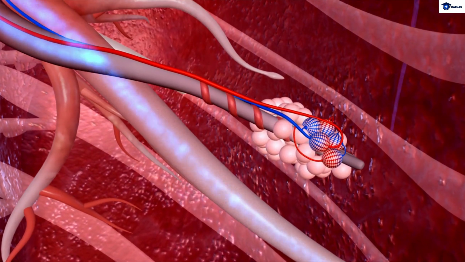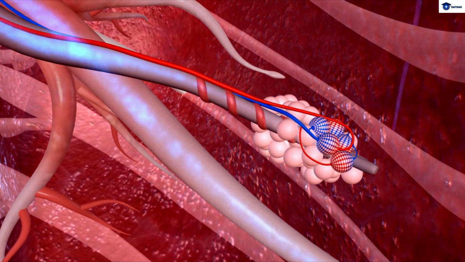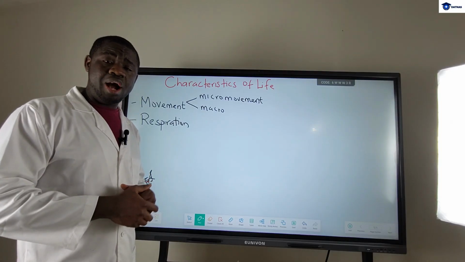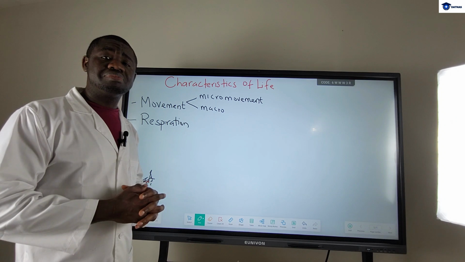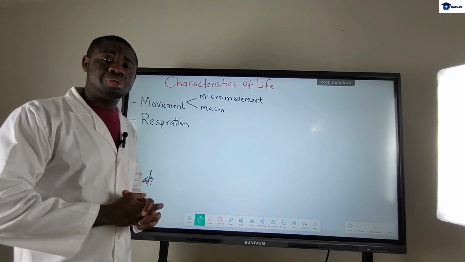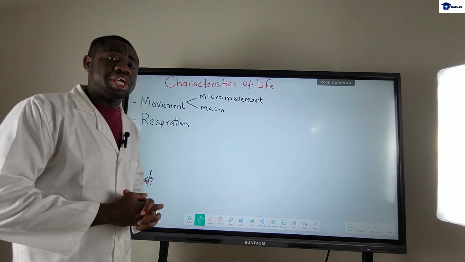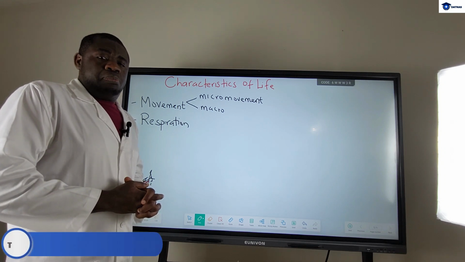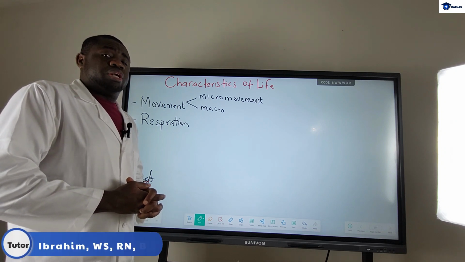It's brought by the contractions of the muscles of the diaphragm. And when these muscles contract, the chest moves up during inspiration and moves down during expiration.